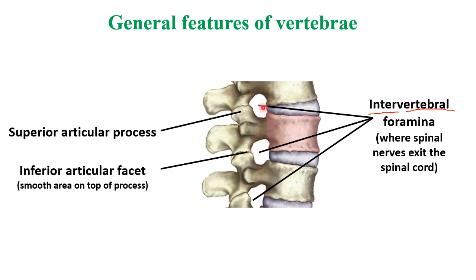You have to stack them up together so you can see those holes that form. Those are between the vertebrae, intervertebral, between 2 things. This is where you're going to have spinal nerves that come out of your spinal cord and go to the body.